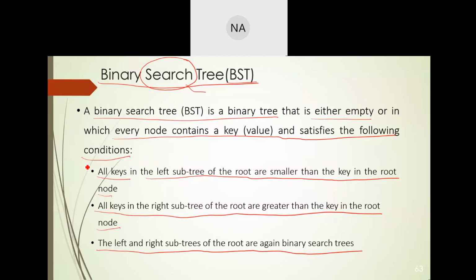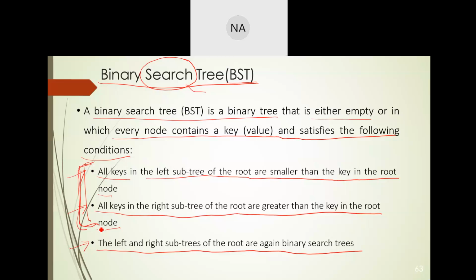The first two points state that all the values in the left subtree must be smaller than the key stored in the root node, and the second point says that all the keys in the right subtree of the root node are greater than the key stored in the root node. And the left and right subtrees are themselves binary search trees. So each left and right subtree of each node must follow these two properties.